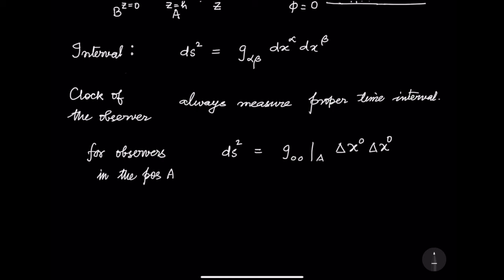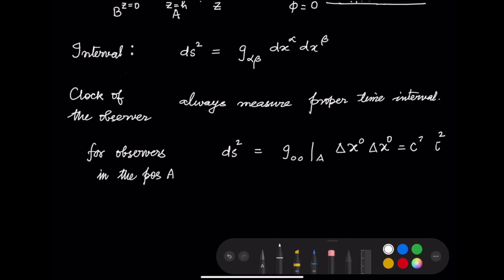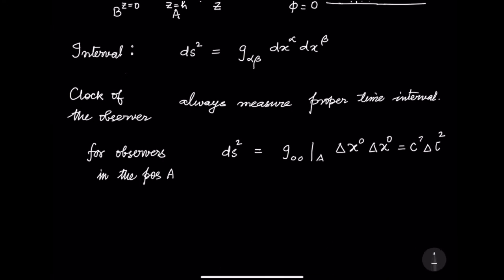And what is this equal to? Because this interval is the same in all reference frames, I can now go to the reference frame of the observer who is freely falling. So in his reference frame, the interval is just c square delta tau square. I should not write d, I should write delta, because this is still a small finite time difference.